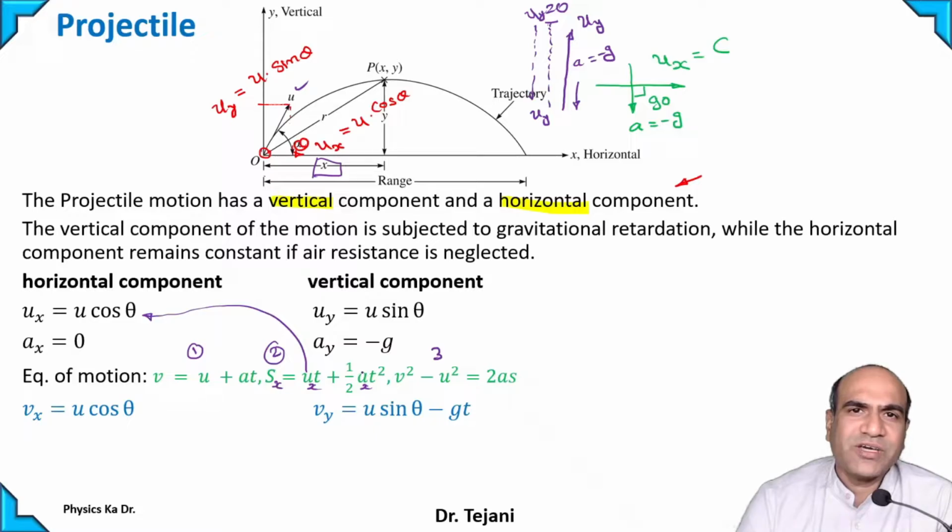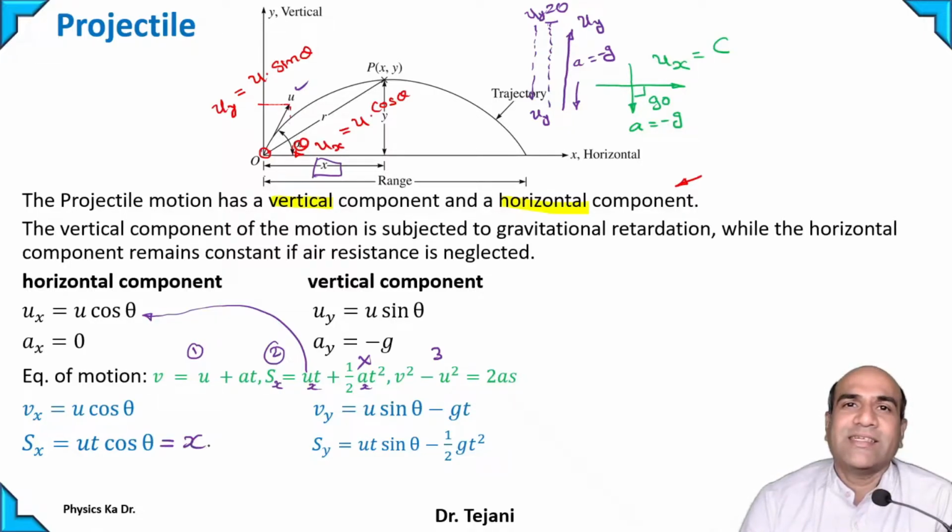What is the acceleration along the x direction? Acceleration is 0 along x, so the second term becomes 0. So for sx, which is x as the distance from origin, we get x is equal to ut, that means u cos theta t. You can also write it as ut cos theta.